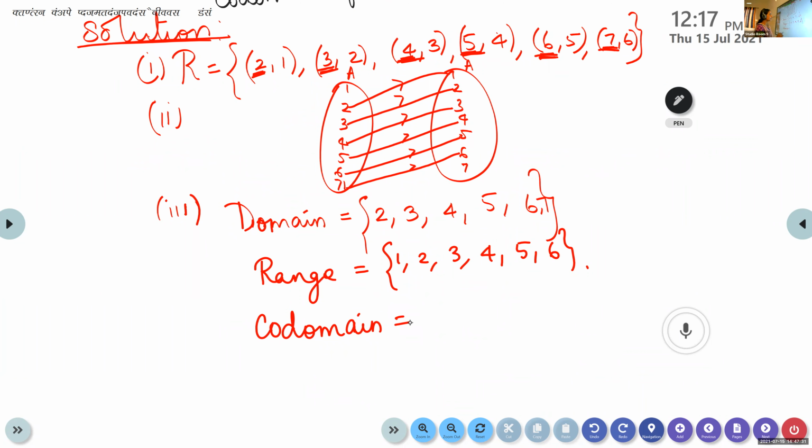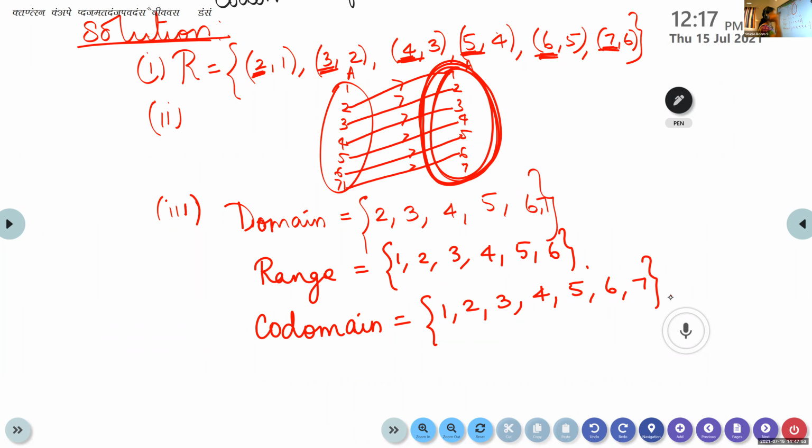The second set as a whole will become the codomain. Whether it has an image or a pre-image or not, we don't bother. We take the whole set: 1, 2, 3, 4, 5, 6, 7. Is it clear, children?